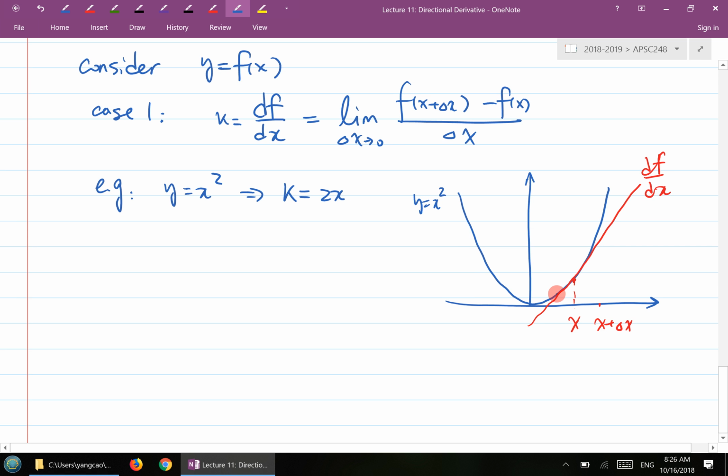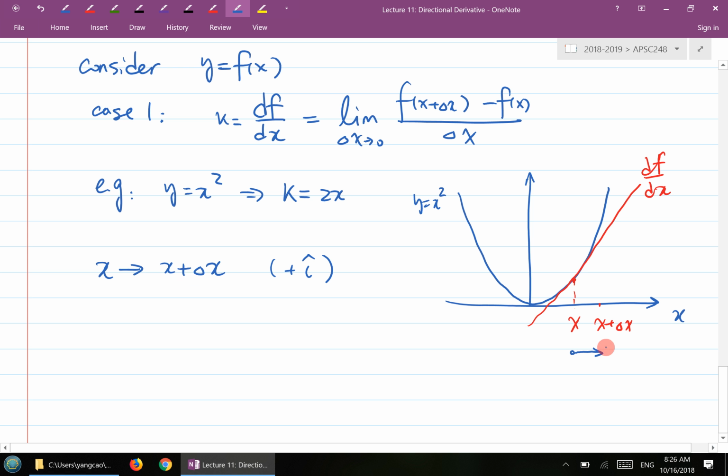Now, what I want you to understand here is a new perspective. This is essentially referring to x going to x plus delta x. So x goes from x to x plus delta x. It's like you're walking from this initial location in a direction, and this direction is the positive i hat direction, the x-axis direction. So you change your x in the direction of i hat by a small quantity delta x.